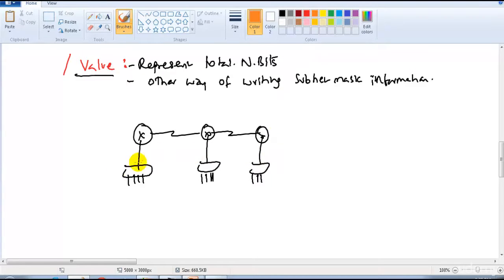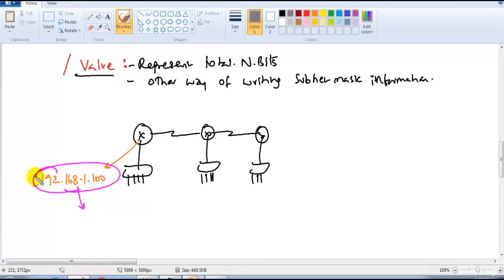So let's take an example. Let's assume the IP address of that particular device is 192.168.1.100, and it is also mandatory that we write the subnet mask. Let's say this device is given an IP address, but there is no subnet mask information written over there.